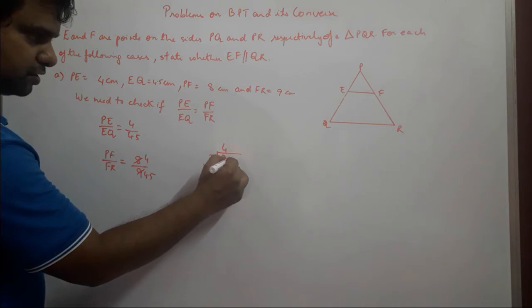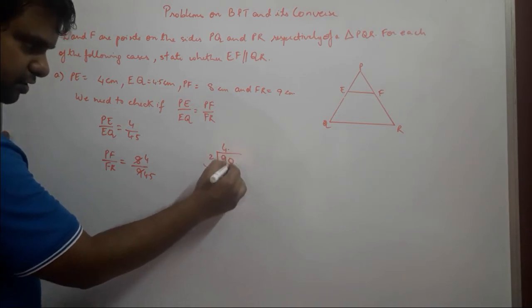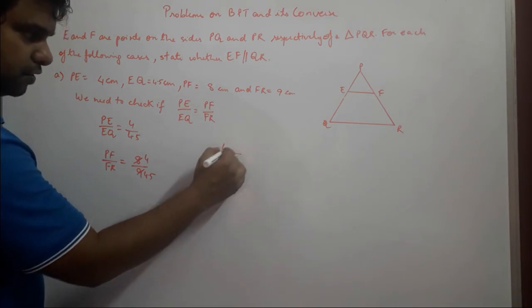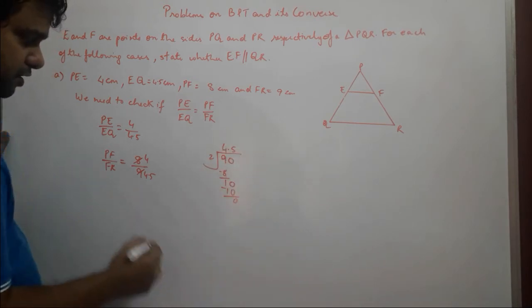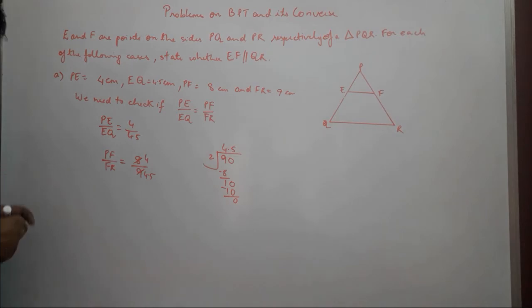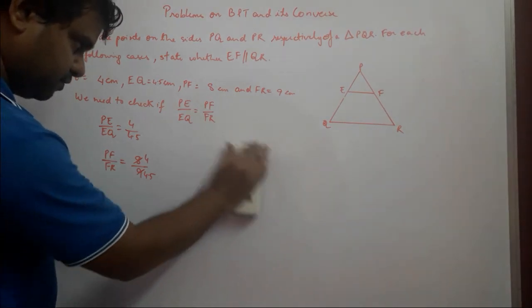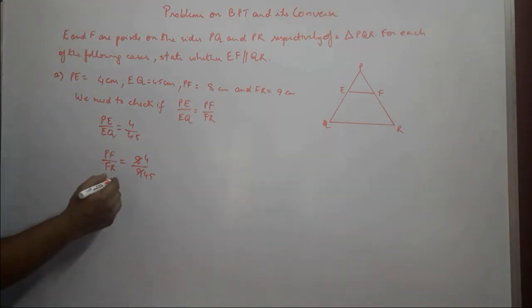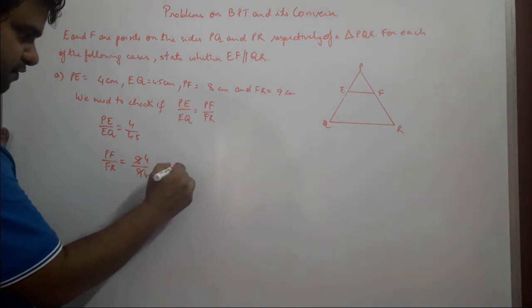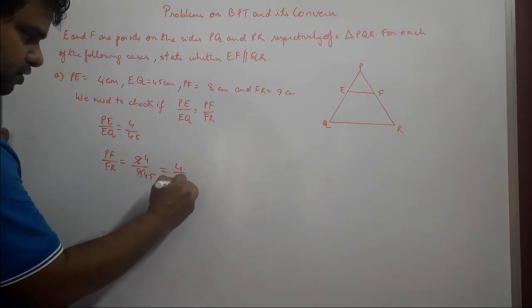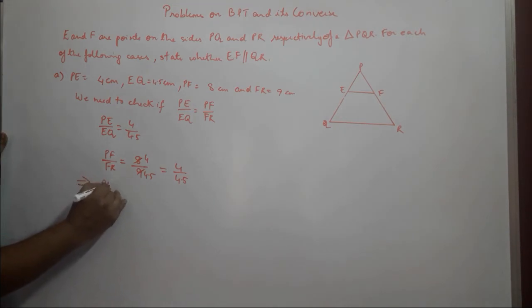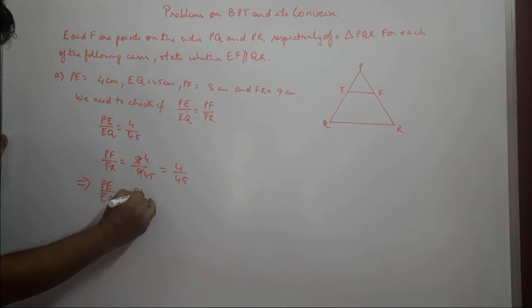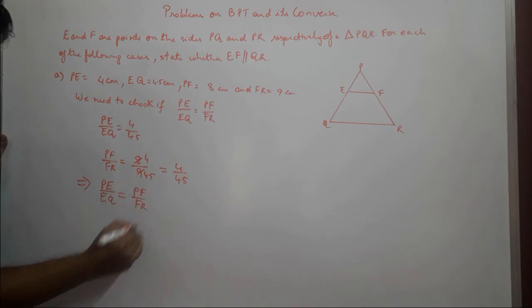Then you put a 0 over here, put a decimal point, bring the 0 down, 2 5s are 10. So you get 4.5. Which means that PF upon FR is also 4 upon 4.5. So this implies that PE upon EQ is equal to PF upon FR.